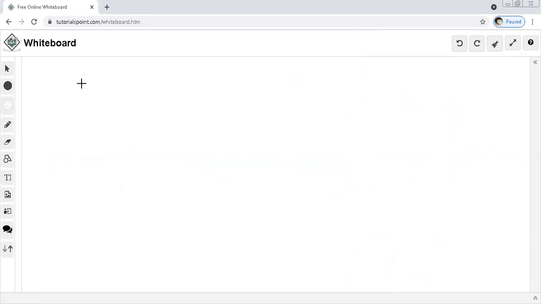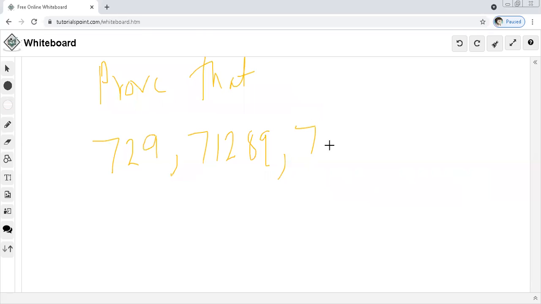So the assignment today is you have to prove something similar. Prove that this sequence 729, 71289, 7112889, 7 triple 1 2 triple 8 9 and so on is always a perfect square.